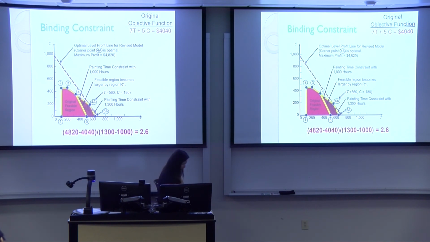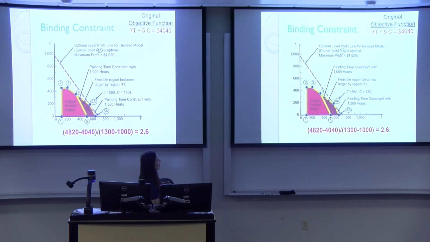You want to ask how much this painting hour is worth. Here you have the profit, like the average dollar per painting hour: the new profit value minus the original one, divided by the increase of the painting time, that's 300 hours. That is $2.6 per hour.